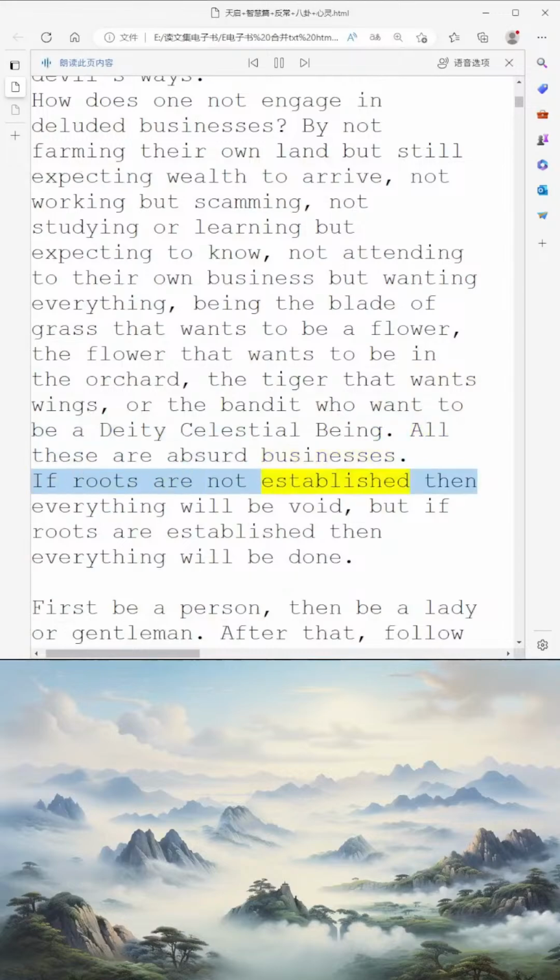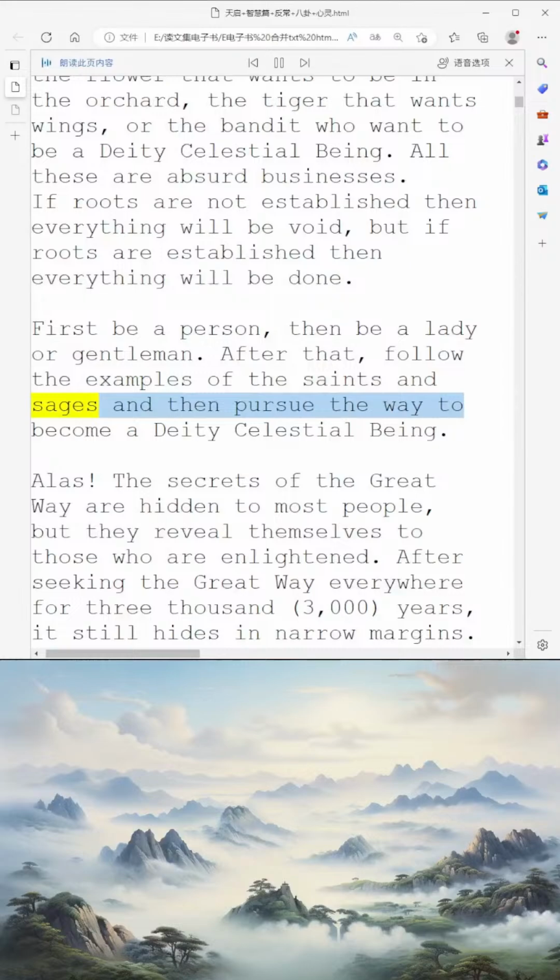If roots are not established, then everything will be void, but if roots are established, then everything will be done. First be a person, then be a lady or gentleman. After that, follow the examples of the saints and sages, and then pursue the way to become a deity celestial being. Alas, the secrets of the Great Way are hidden to most people, but they reveal themselves to those who are enlightened.